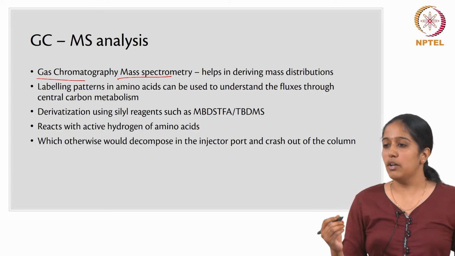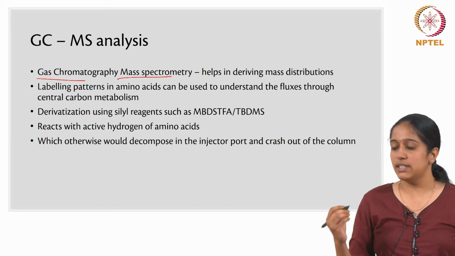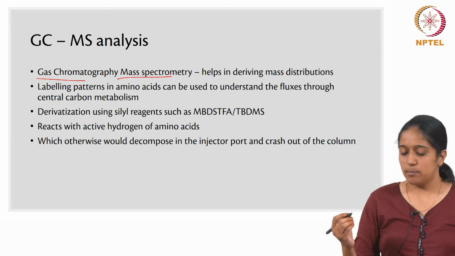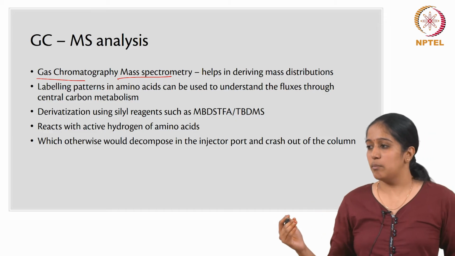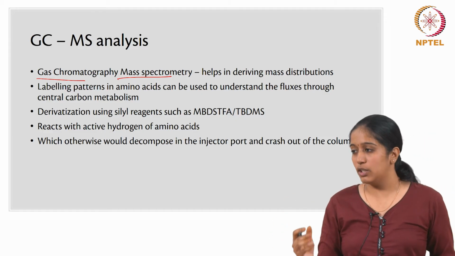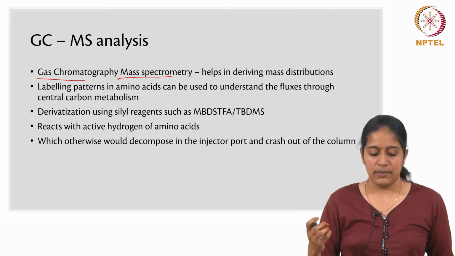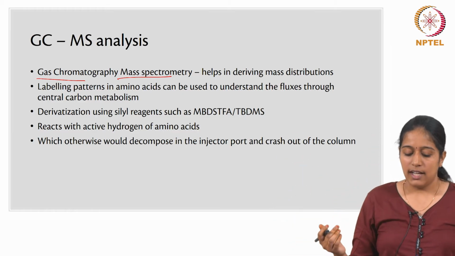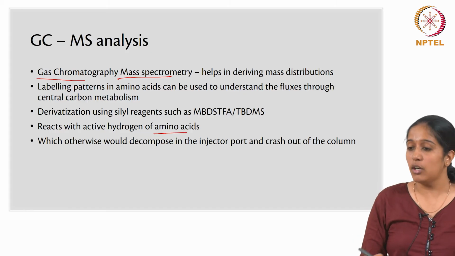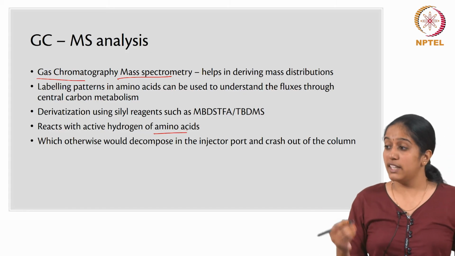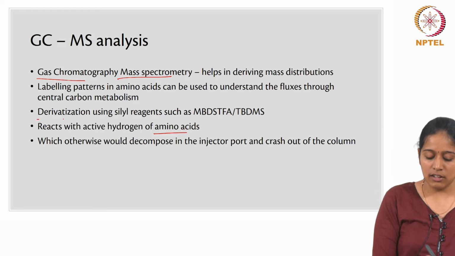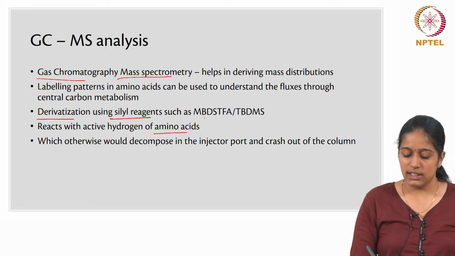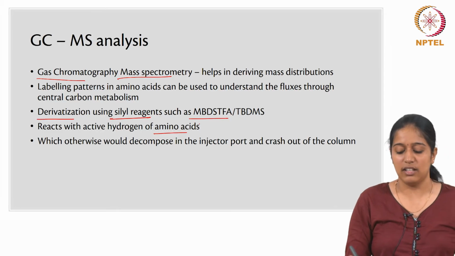If you want to do a GCMS analysis, the substance that you want to analyze, say for example an amino acid, has to be volatile because it is going to be subjected to high temperature. We find that amino acids are not volatile in nature, but we make them volatile by derivatizing them using silyl reagents such as MBDSTFA, the name is very big.